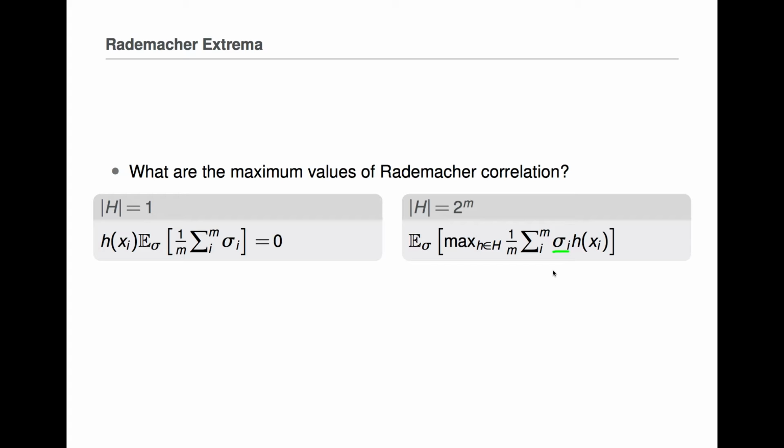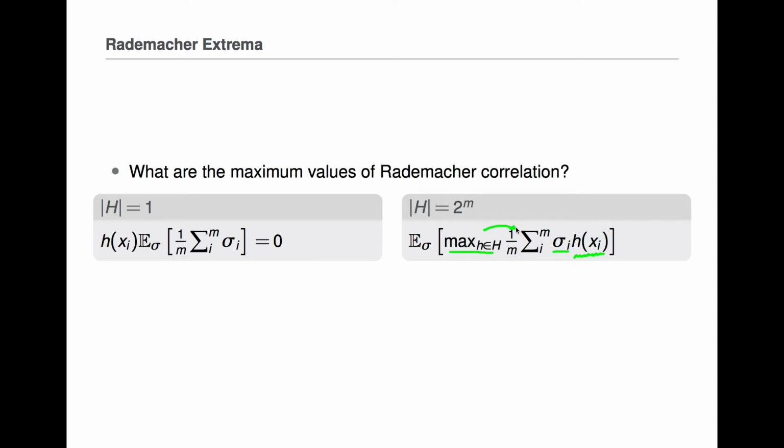And so the universe gives you a sigma that is basically set randomly. And it's set randomly, but you get to choose a hypothesis set given the random setting of the sigmas, and you're trying to maximize this value.